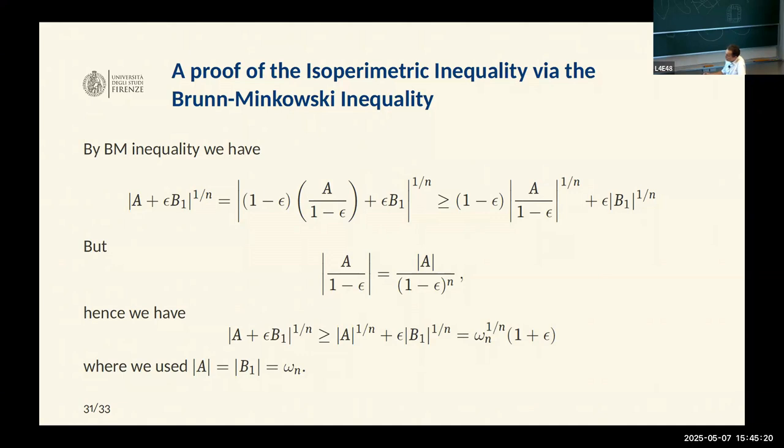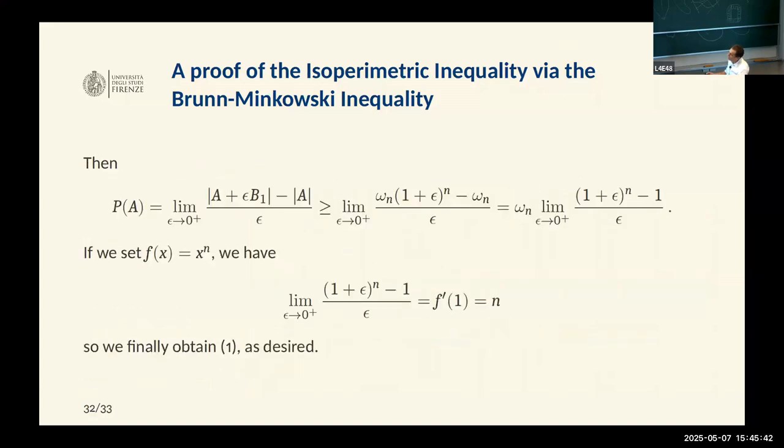Now you remember that you call this volume Wn. It is not important how you call it. It's just the volume of the unit ball. Then this is the volume of the unit ball to power 1 over n times 1 plus epsilon. Now we go back to the definition of perimeter.